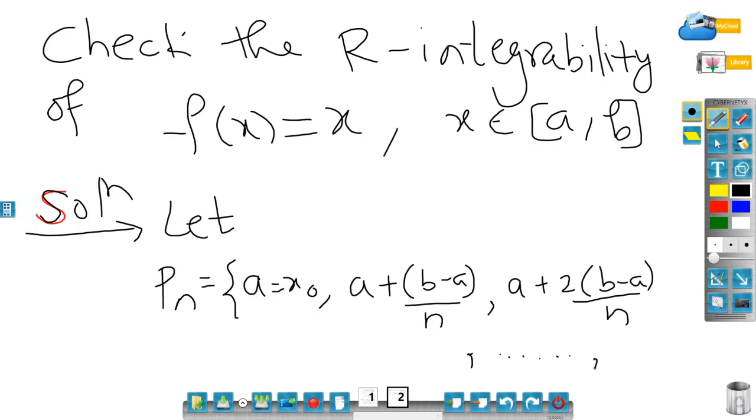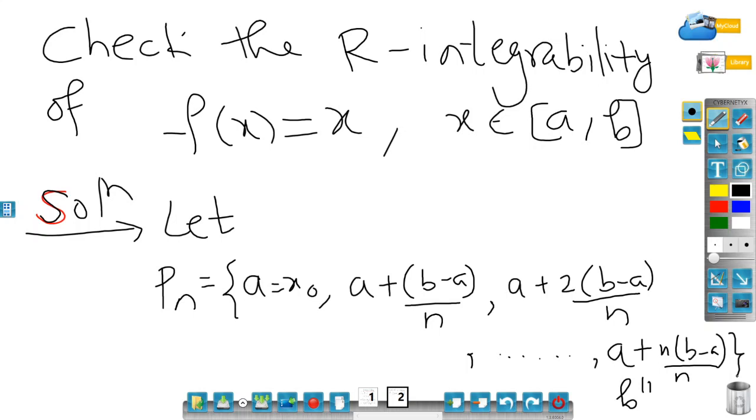The last point will be a plus n times (b minus a)/n. But then n will get cancelled and a minus a will get cancelled, so this is basically b only.